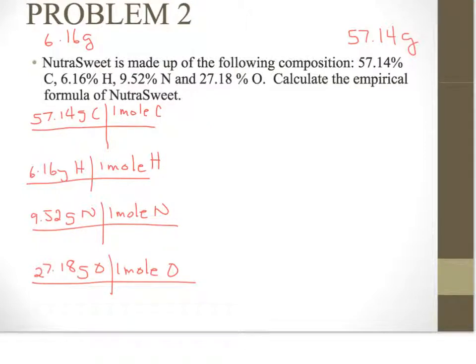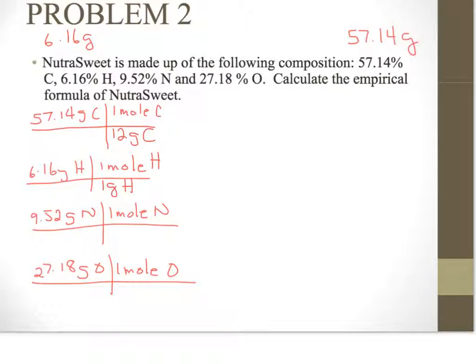So I set up dimension analysis for each of these elements as given. So for 57.14 gram of carbon, the relationship is 1 mole of carbon to every 12 grams of carbon. And we found that by looking at the periodic table. And for hydrogen, 1 mole of hydrogen is for every 1 gram of hydrogen.